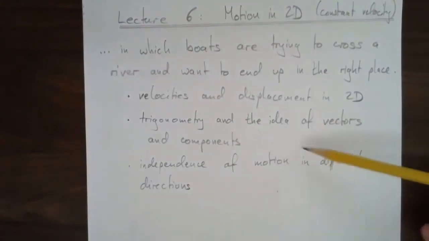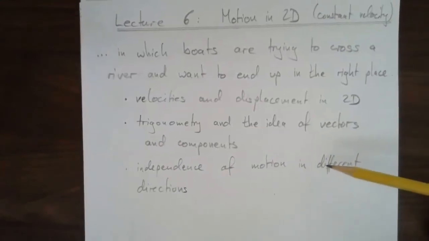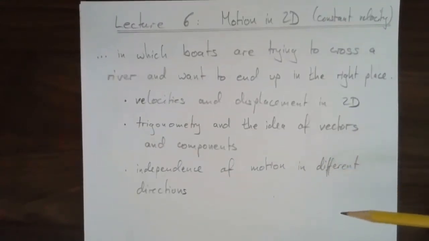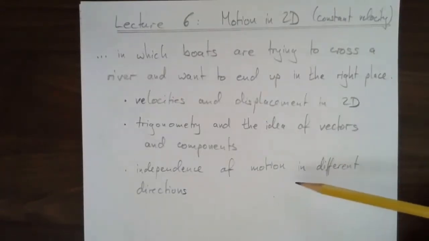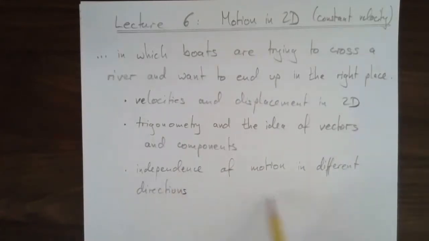And so conceptually, one fundamental notion that underlies all of this is the independence of motion in different directions. What I mean by that is that if you're trying to figure out how quickly you are moving left-right, and you know the velocities, accelerations, and so on in the left-right direction, then it does not matter what happens in the up-down or north-south or whatever direction.